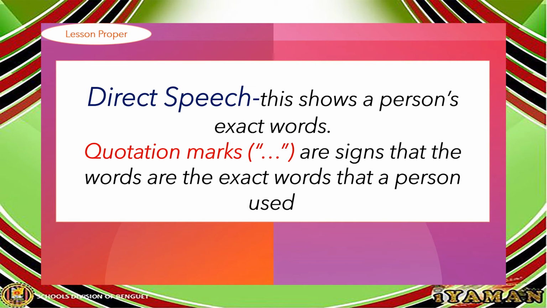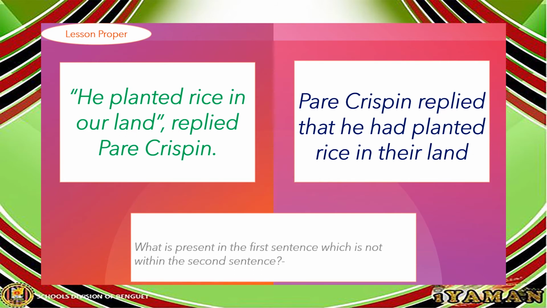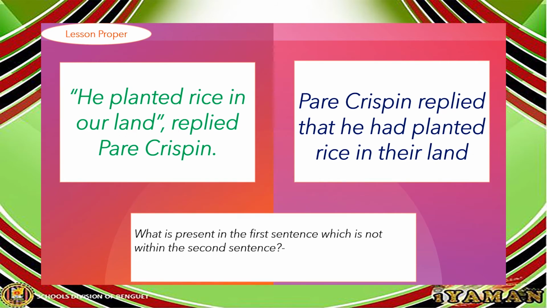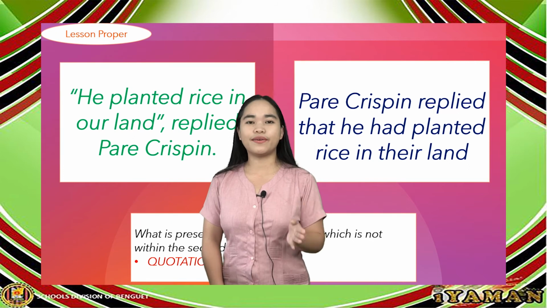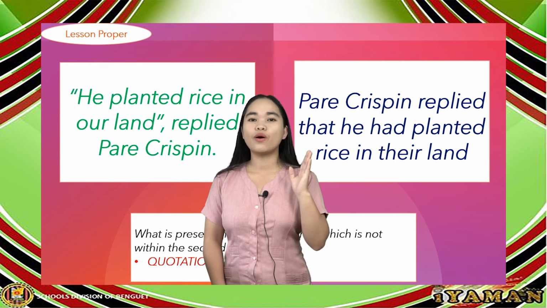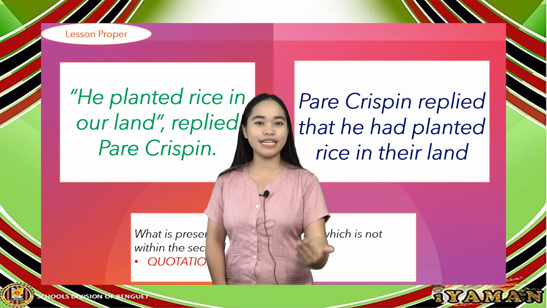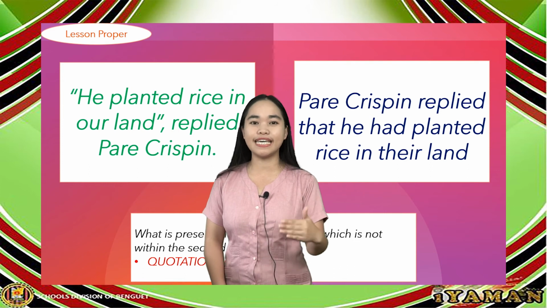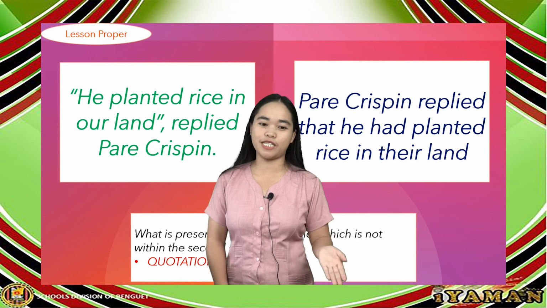So let's go back to the question I asked you a while back. What is present in the first sentence that is not within the second sentence? Correct. The answer is quotation marks. So again, please remember, when a sentence has a quotation mark, it is in the direct speech.